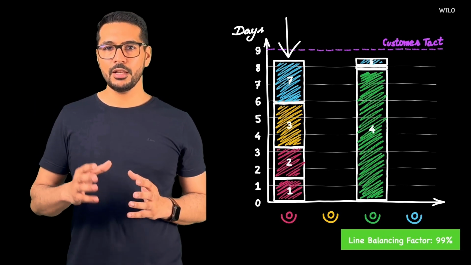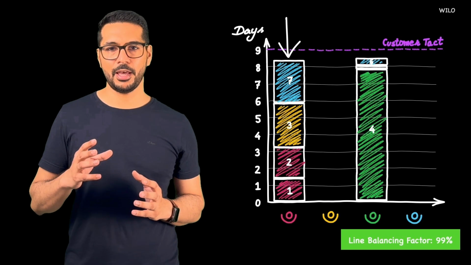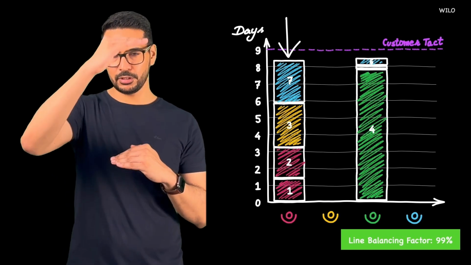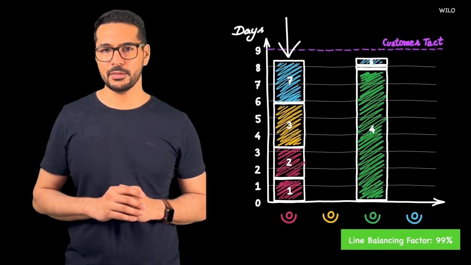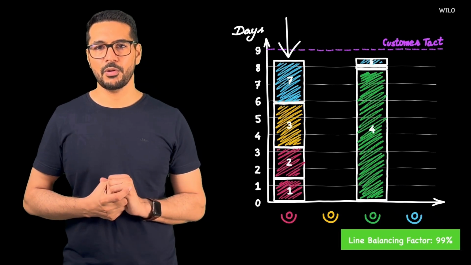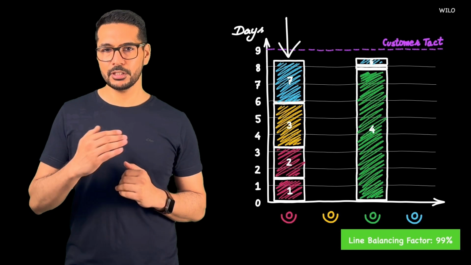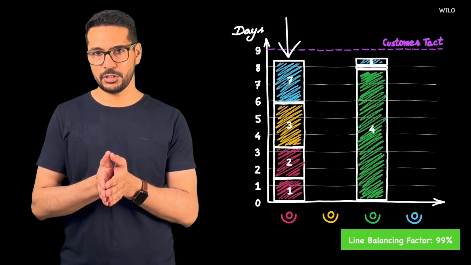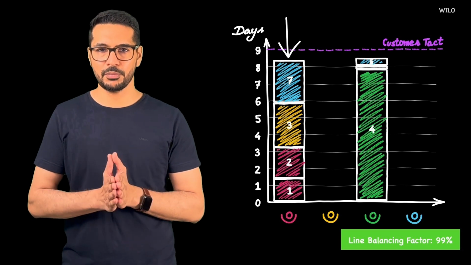But there was still slightly waiting time at employee number 2 through the while loop, because we have further compressed the time required by employee number 1. We have further improved here the line balancing factor from 96% to 99%.